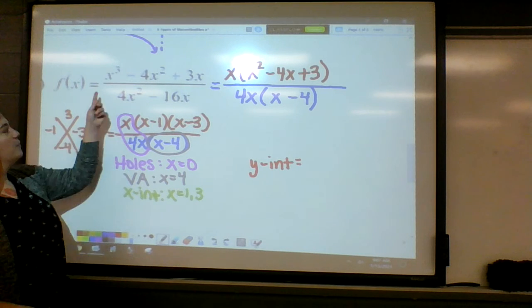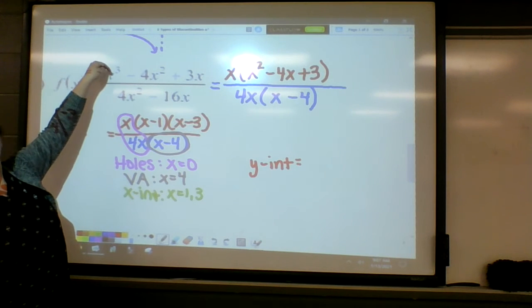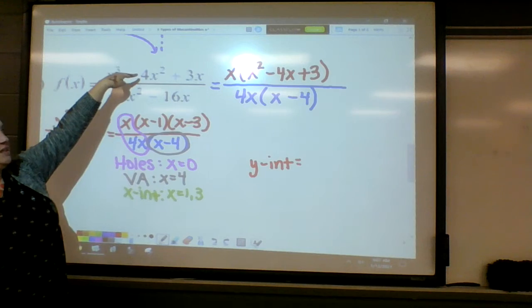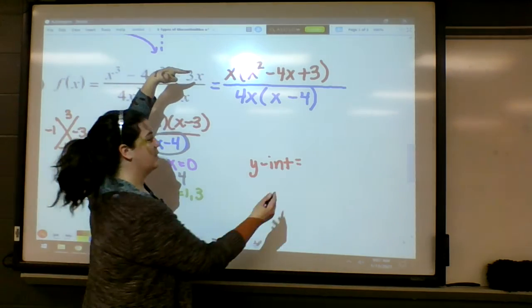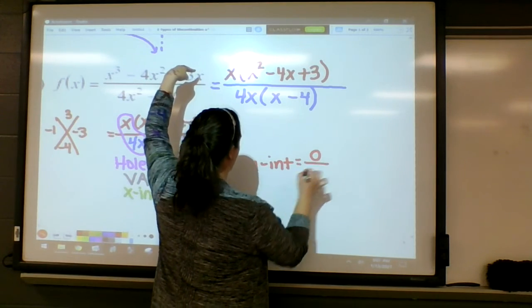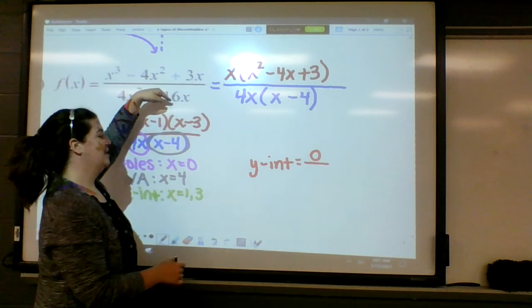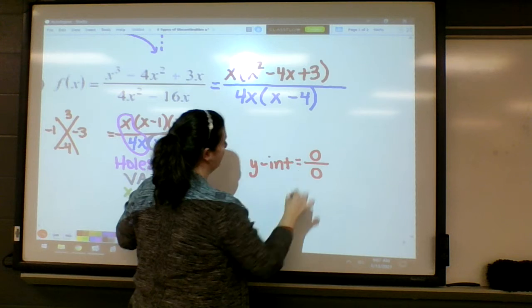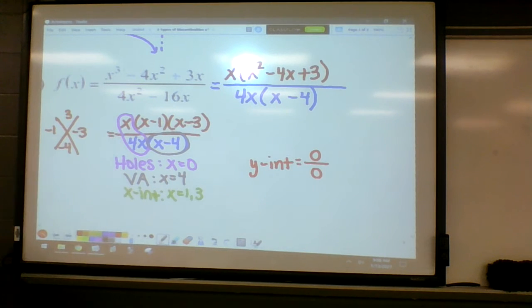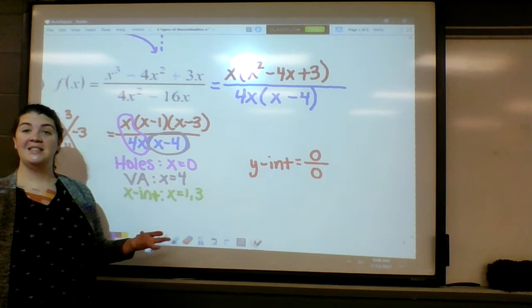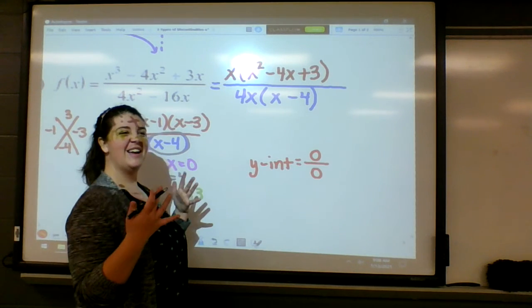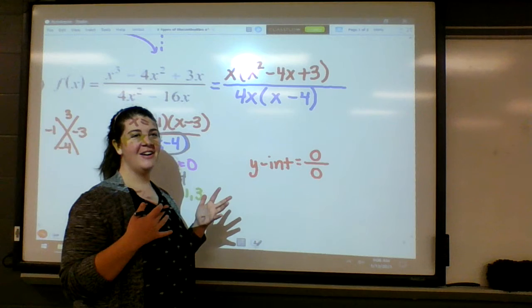Plug in 0. So if you plug in 0 to the numerator, you're going to have 0 minus 0 plus 0, which is 0. In the bottom, you're going to have 0 minus 0, which is also 0. 0 over 0 is not 1, not 0.